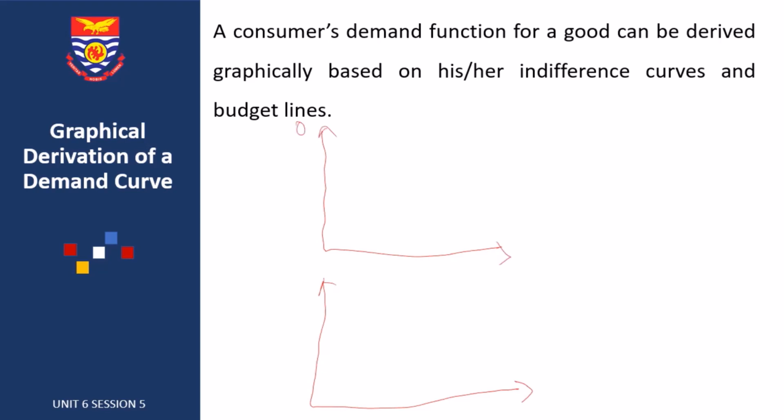We know here is commodity Y, quantity for commodity X. Here we want to assume only, let's say, the demand curve for only commodity X. So for the demand curve, we will need a price of X and then the quantity of X. So now draw this.